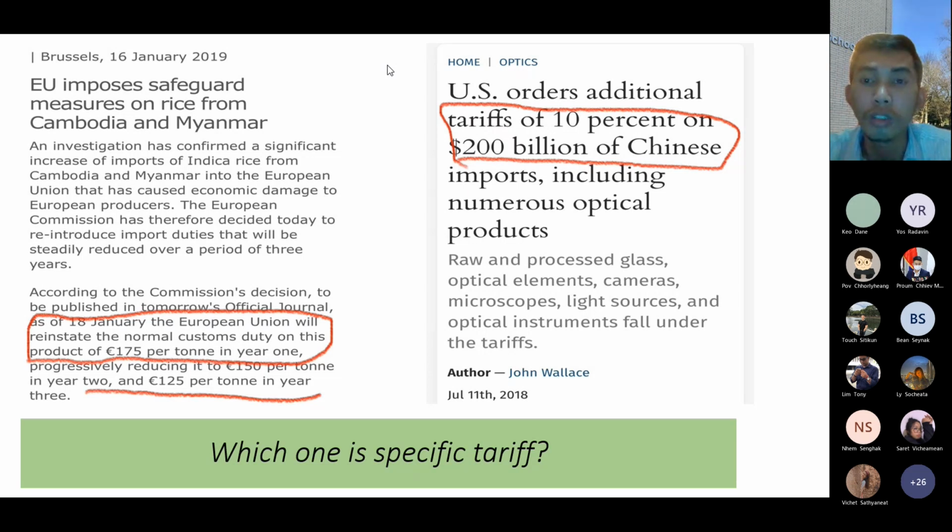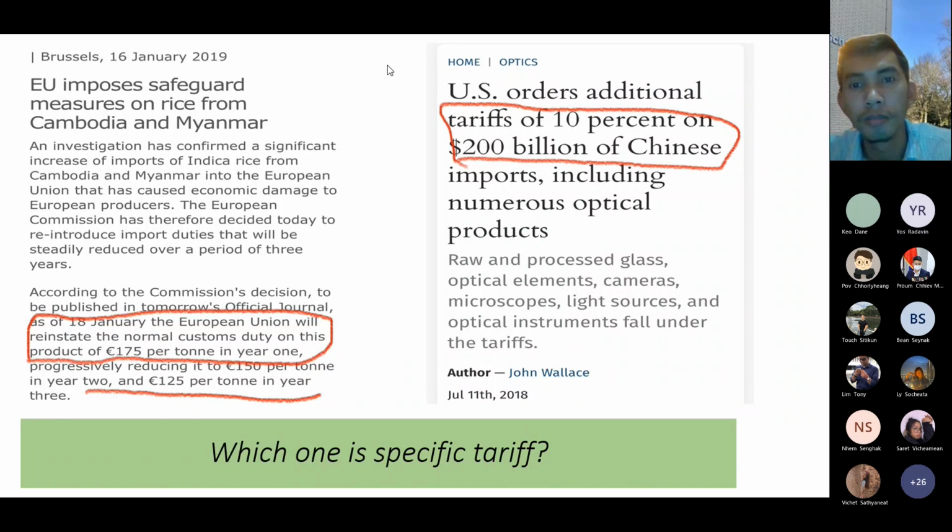You can figure out how much the actual amount of the 10% is. Anybody can give me the answer? What is 10% of the 200 billion US dollars that the US will impose on Chinese imports into the US? How much?